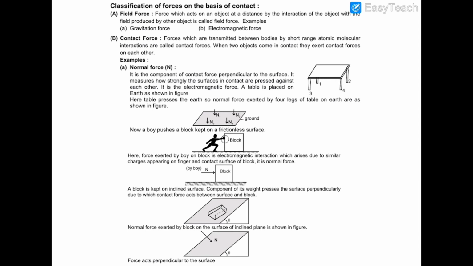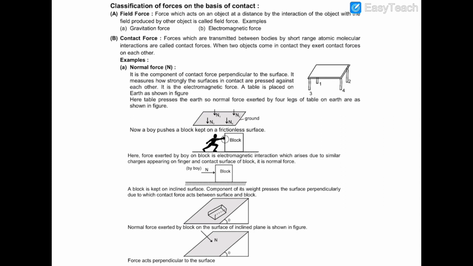They require physical contact, and friction is a contact force. When we move on the earth, we experience a parallel contact force, which is friction. And when we move in the air, we do not experience any frictional force of earth, because we are not in physical contact with earth.